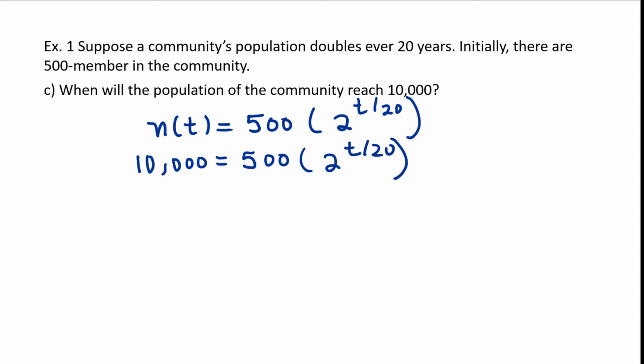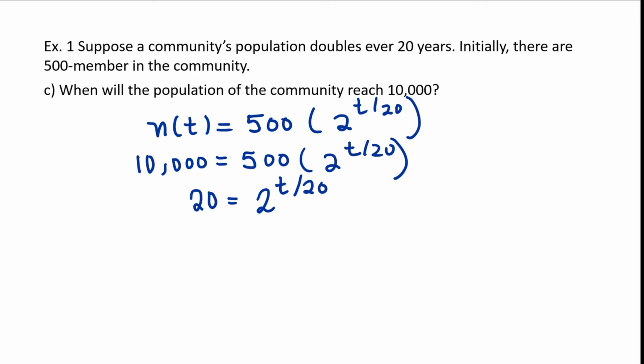We've got to get the exponential expression isolated, so let's divide by 500 on both sides. Then you get 20 equals 2 raised to the power of t over 20.